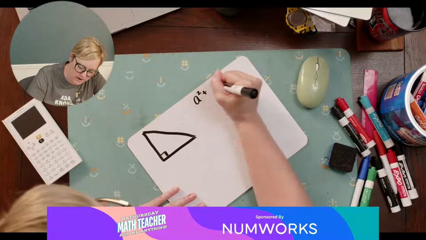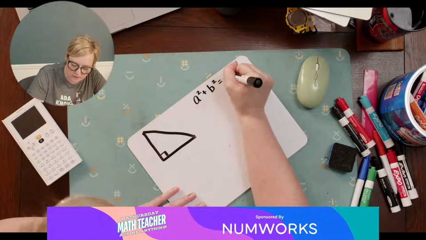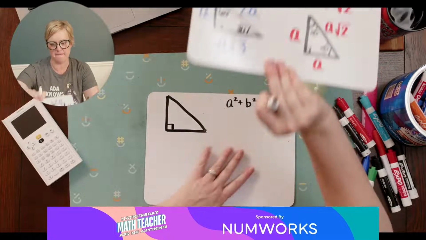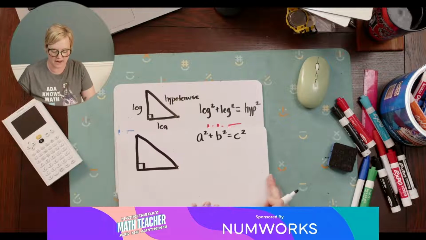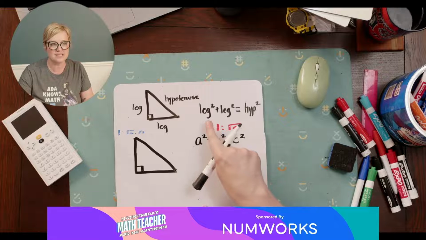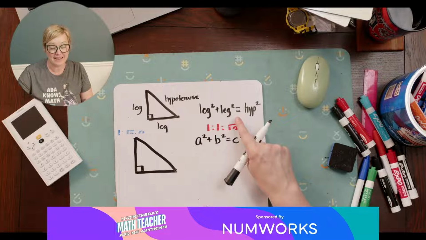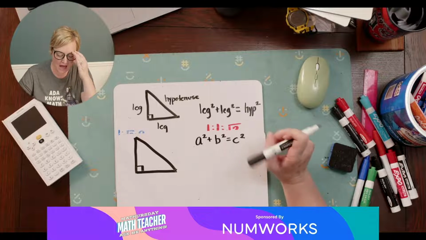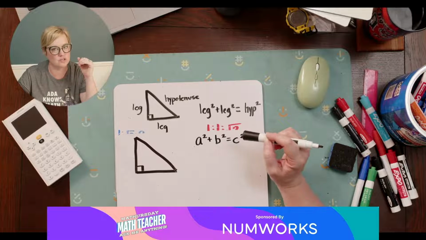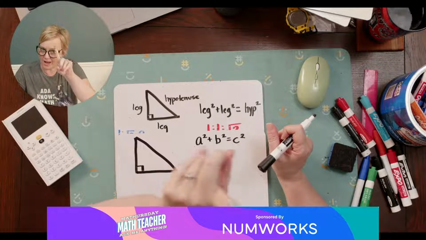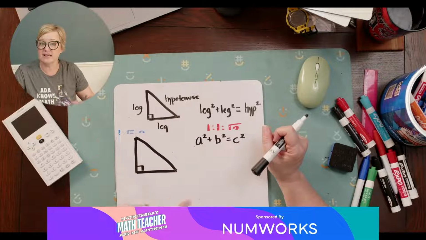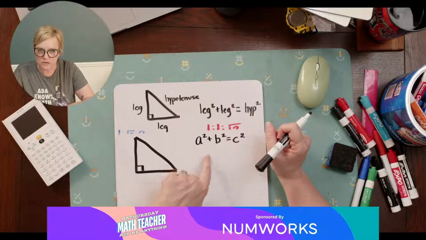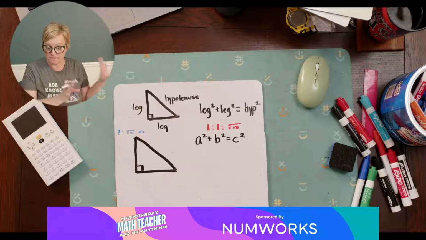I tend to stick with leg squared plus leg squared equals hypotenuse squared, because if you are not dealing with angle measures that are also labeled, it doesn't matter which one's A and B. But that's a whole other story that we can get into.